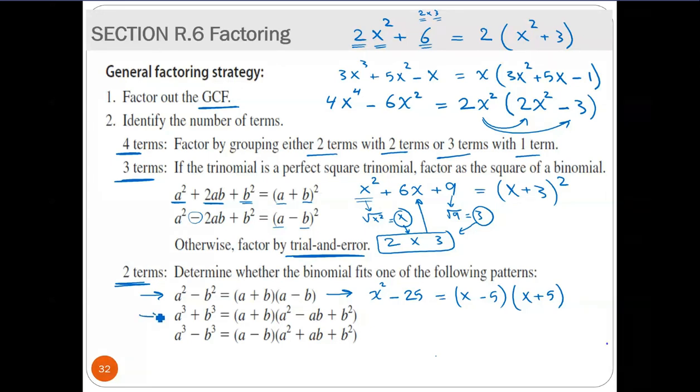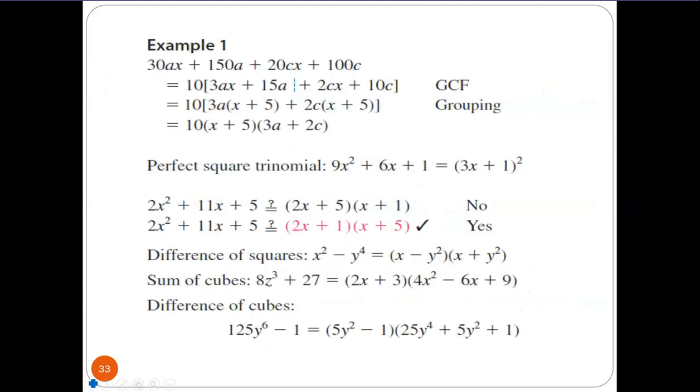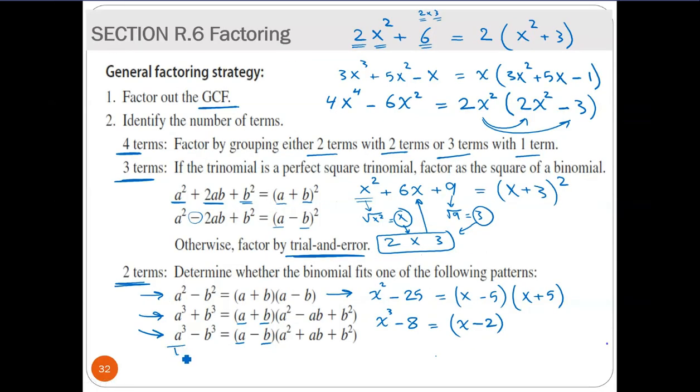And we have the addition or difference of cubes. For example, if we have x to the power 3 minus 8, this equals x minus 2, a plus b or a minus b. You take the cube roots of a to the power 3 and of b to the power 3.